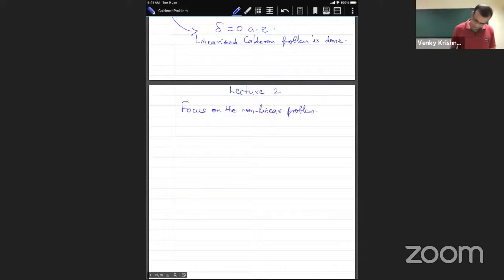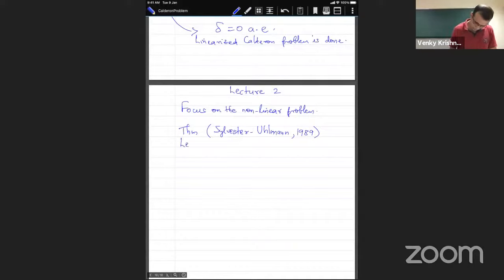Okay, and so this is the theorem that I want to do. This is due to Sylvester and Uhlmann, I think it's 1989. The theorem is as follows.